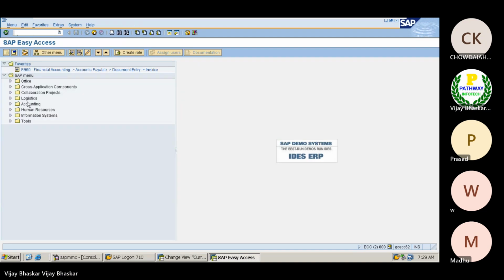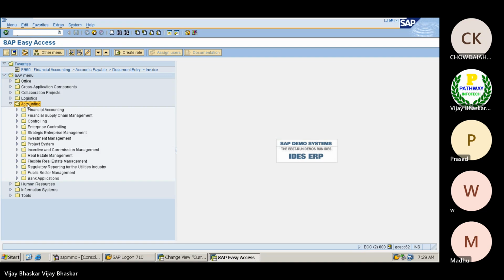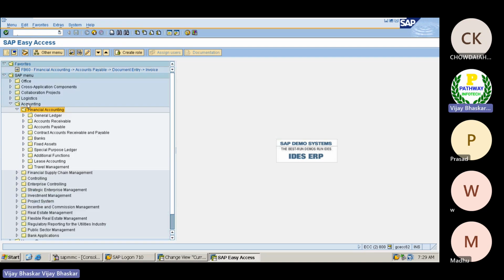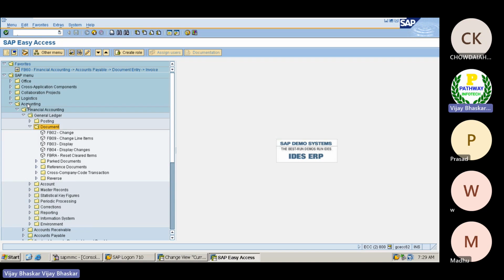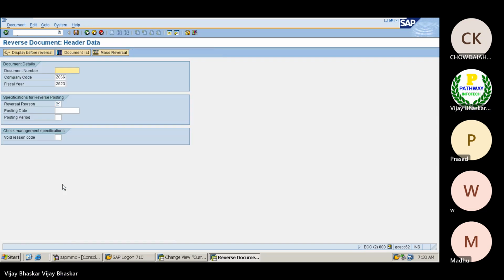Go to accounting, then financial accounting, general ledger, document. If you can see here, reverse. FB08 is the individual document reversal. Click here.